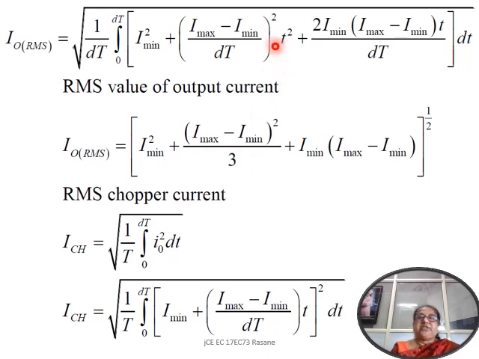When I replace t cube from 0 to dt, we get dt cube, and multiplied by the dt squared term, this dt cube cancels and what remains is 3 in the denominator.